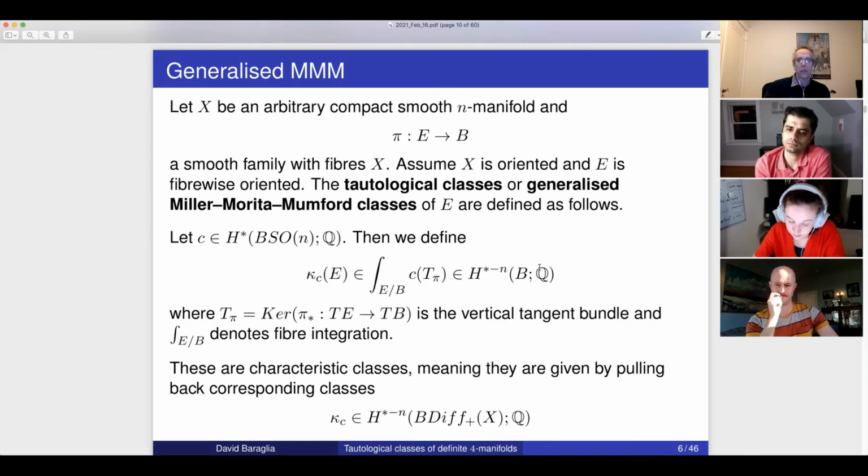If I used integral coefficients, life would be very difficult. But you could perhaps use Z mod 2, and that potentially could be very interesting, because you can do the Seiberg-Witten theory and you would potentially get some relations there as well. I just haven't thought about it in great detail. Thank you.